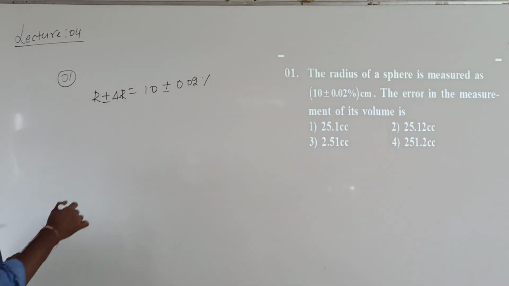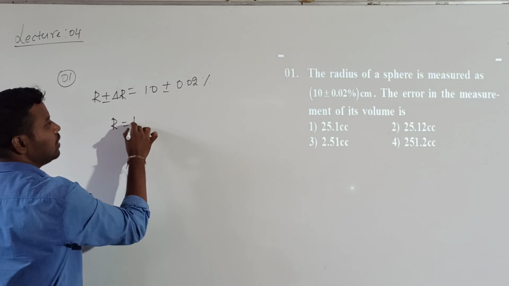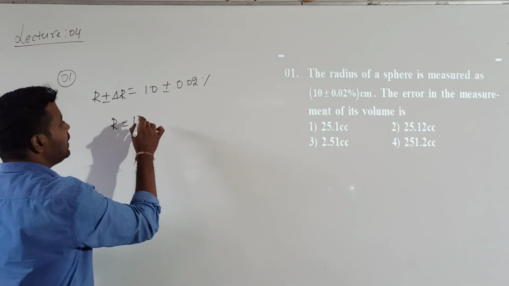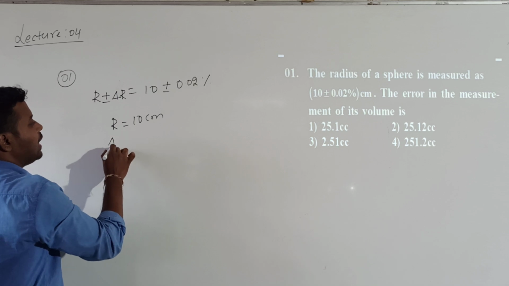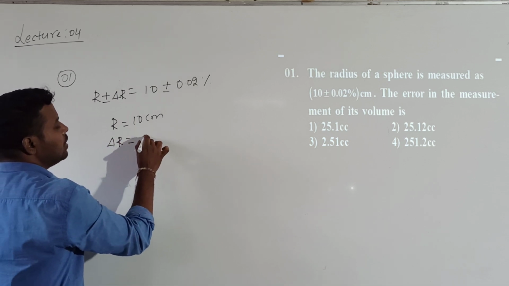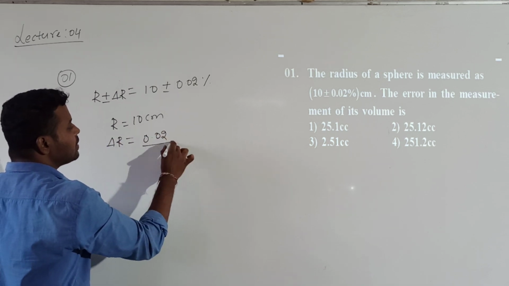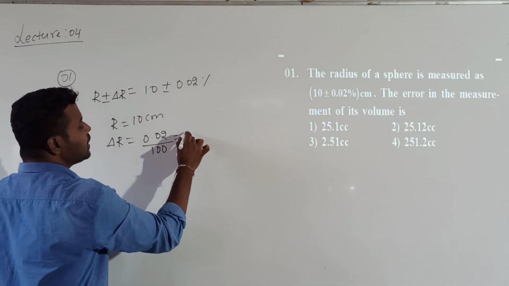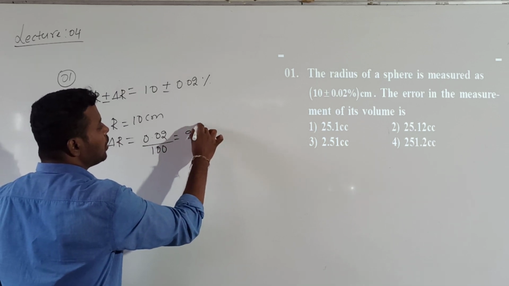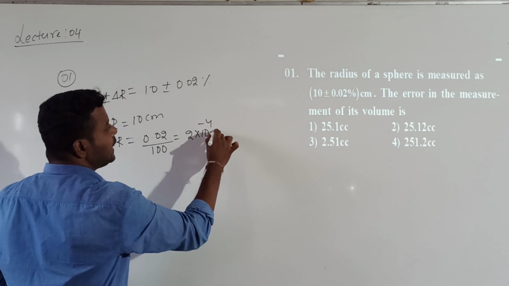The r value is 10, this is radius, 10 centimeters. And error in the measurement of radius is 0.02% by 100, which is given by 2 into 10 to the power of minus 4 centimeter.